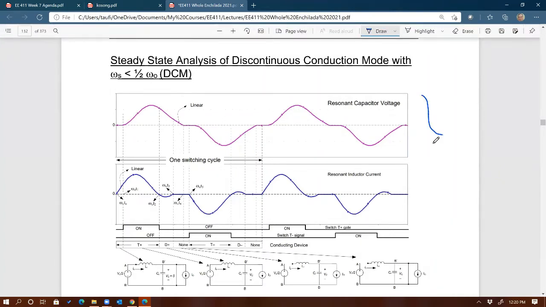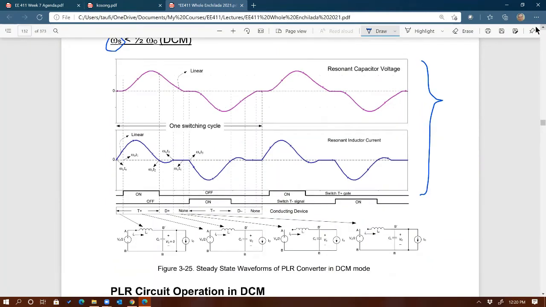If it's DCM, this happens when you select the switching frequency to be less than half of the resonant frequency.